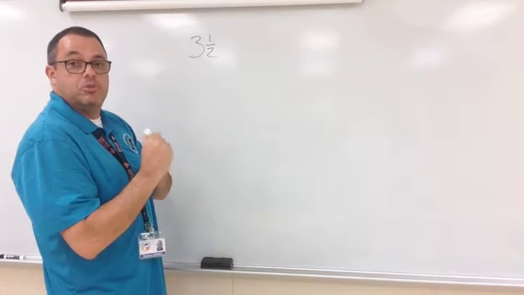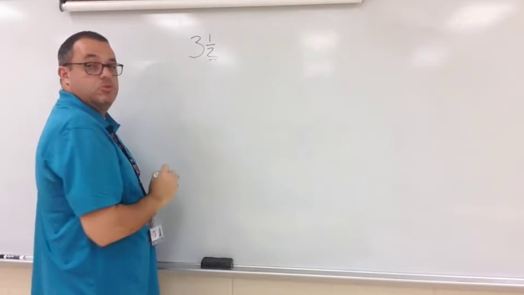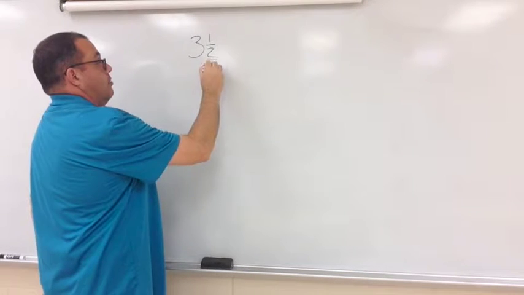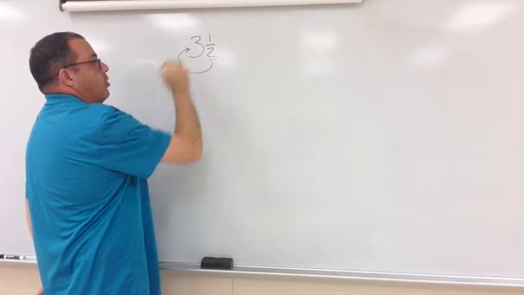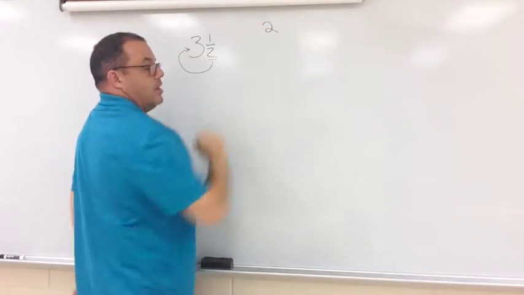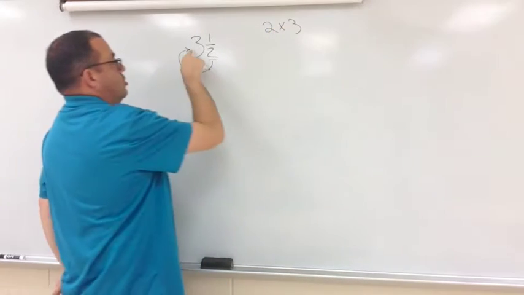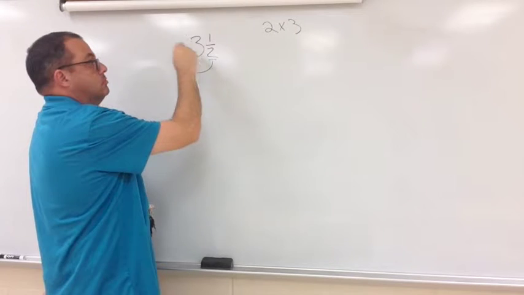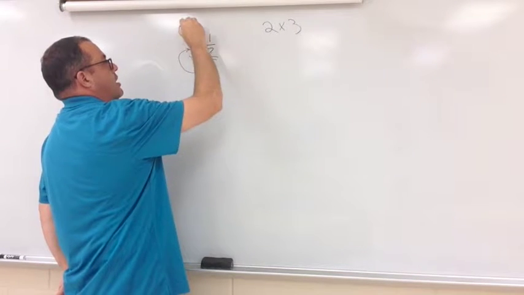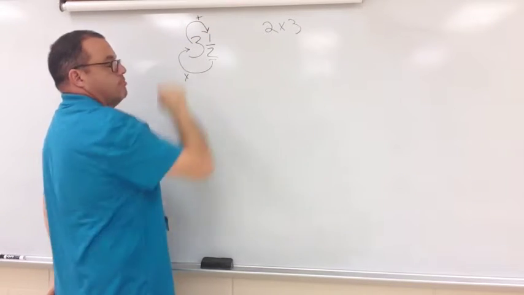So what I'm going to do is take my denominator, which was 2, and multiply it by my whole number. Okay, so I've got 2 as my denominator times 3, which is my whole number, and then I'm going to add my numerator to this.